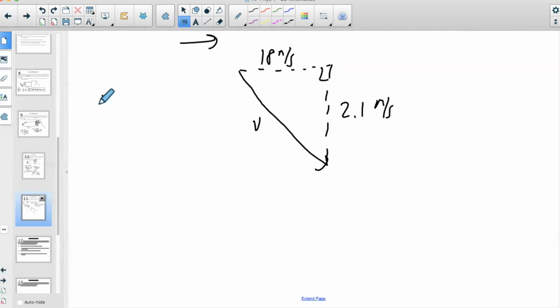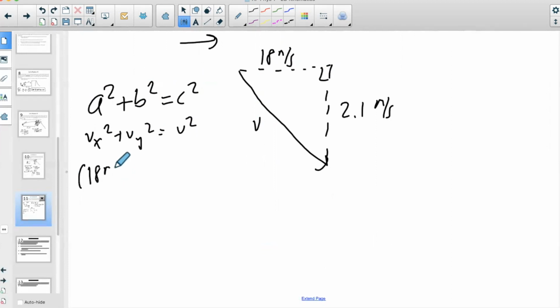So we can use a squared plus b squared equals c squared to figure this one out, and simply plug in the numbers. So we know that vx squared plus vy squared is equal to v squared, and we want v. So now let's plug in our numbers and solve. Yeah, I know I forgot the negative sign there, but when you square it, it's not important.